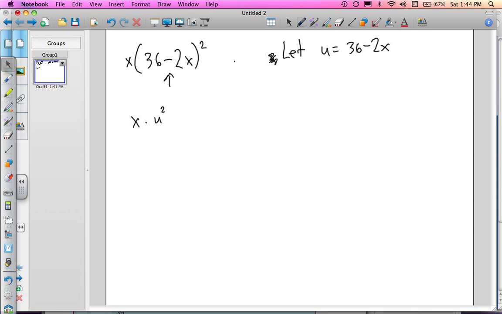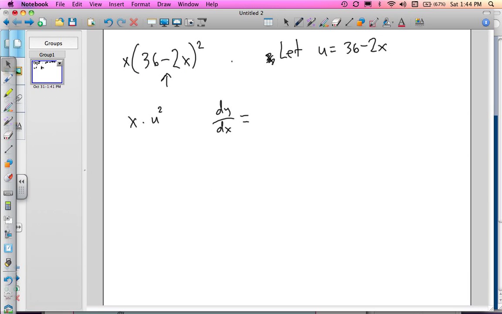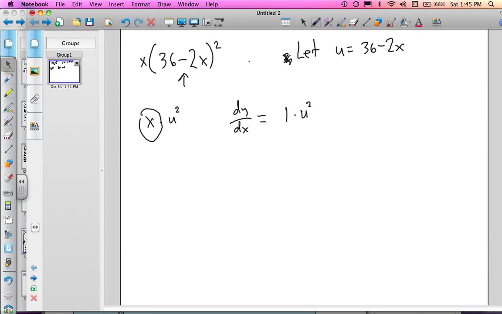Then we could use the product rule, and we end up with dy/dx equal to, let's see, I believe it was the derivative of the first, so that would just be 1 times the second function, plus the first function times the derivative of the second one, which is just 2u.